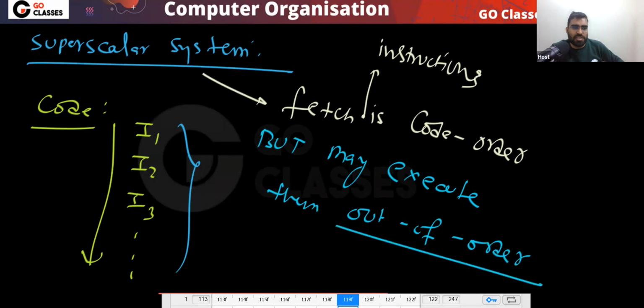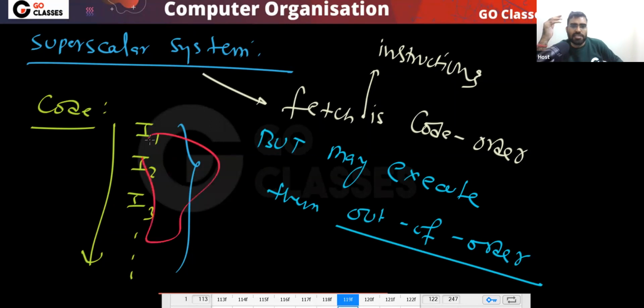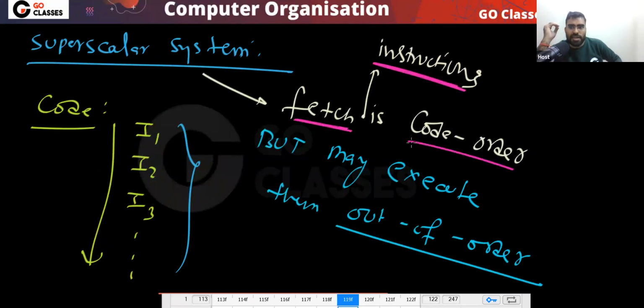Many students have a misconception about out of order execution. They think that these instructions will shuffle. No, these instructions are not shuffling. We are fetching instructions in the correct order, I1, I2, I3, like these three will come, then these three will come.